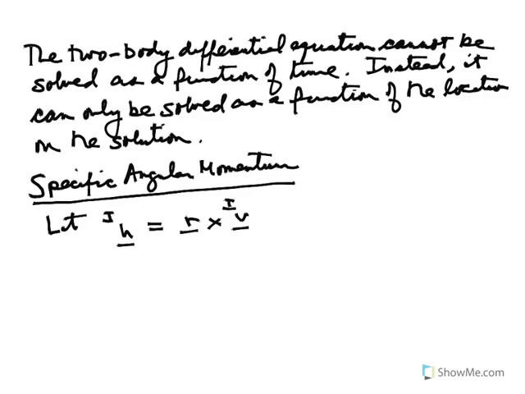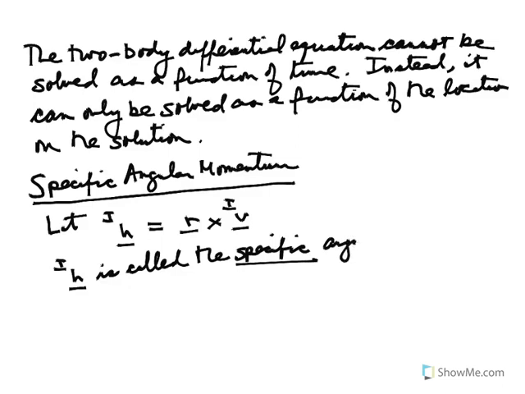This is what's called specific angular momentum, and it's specific because it's divided by mass. Notice there's no mass in that equation.